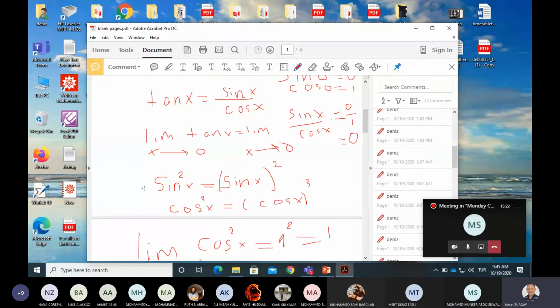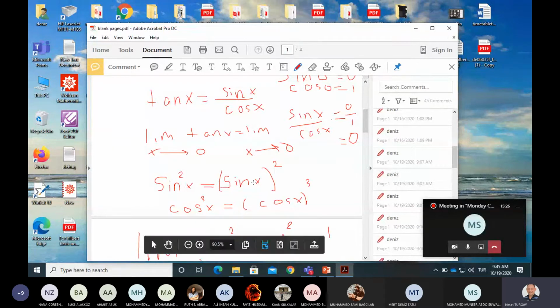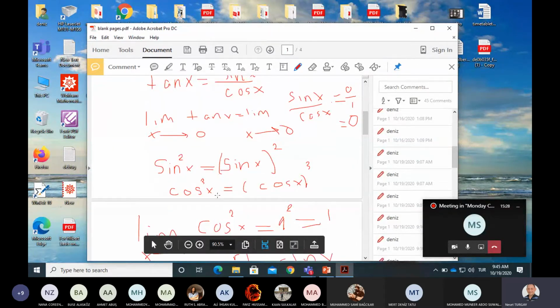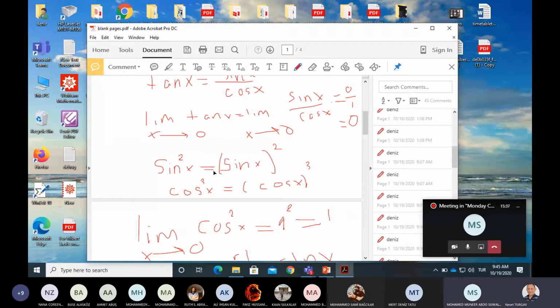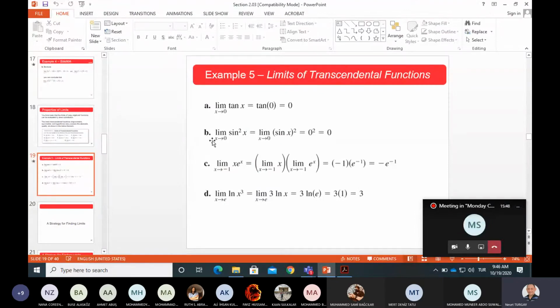When you see this, you will understand that we are taking the square of, for example, sine x. And if we have this, you will understand that you are taking the cube of cos x. Do you understand this terminology? This also applies for tan, cotangent, secant, for all trigonometric functions. These powers work like that. So here, for that reason, this is equal to like that.